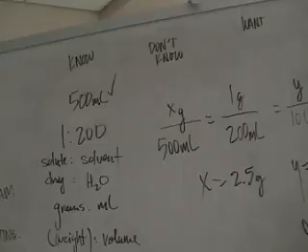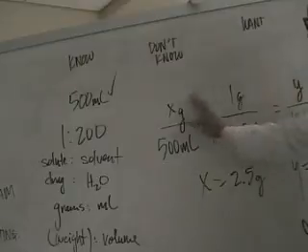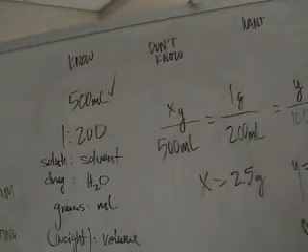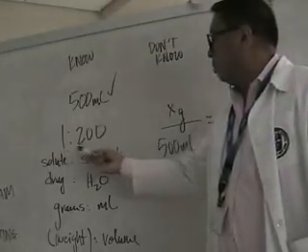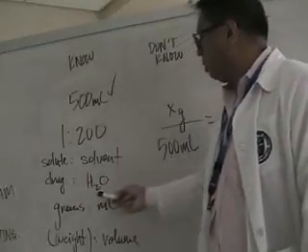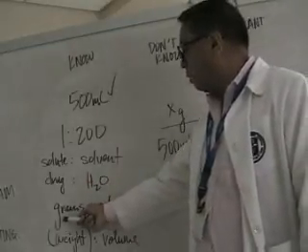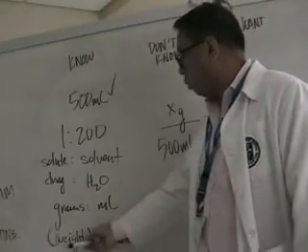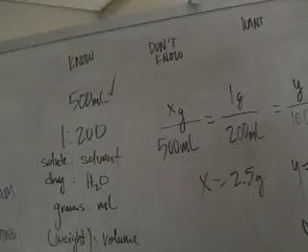But this is a proportion, an equality. This could be one problem, this could be another problem, but it's always based on this: how much solute is to solvent? How much drug is to water? How many grams is to the volume, or ml? Weight is to volume. It's all the same thing.